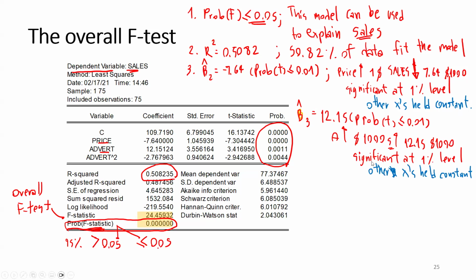And then this is how you write down beta 4. So this is the square term, right? To interpret the square, let's see whether it is positive or negative. Okay, this is negative, right?